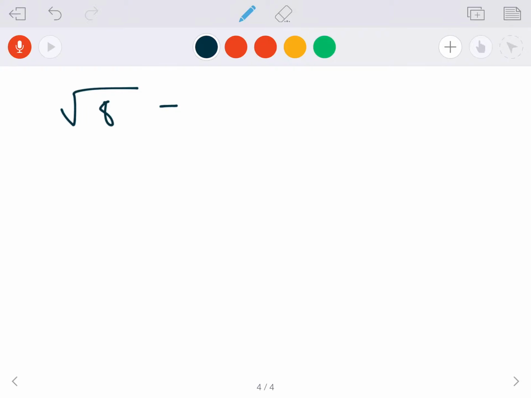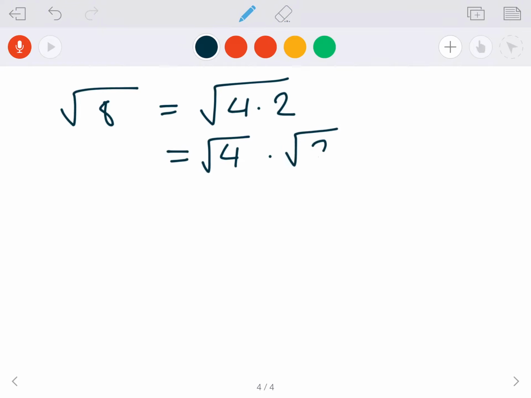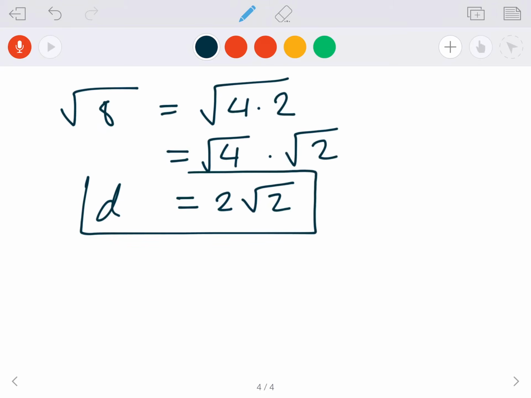The square root of 8 is the square root of 4 times 2, so square root of 4 times square root of 2. The square root of 4 is 2, so this is 2 times square root of 2. This is the distance.